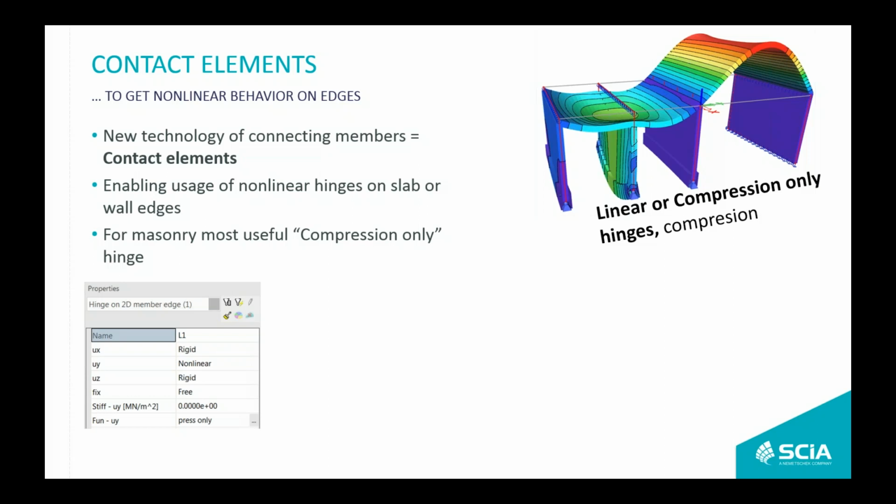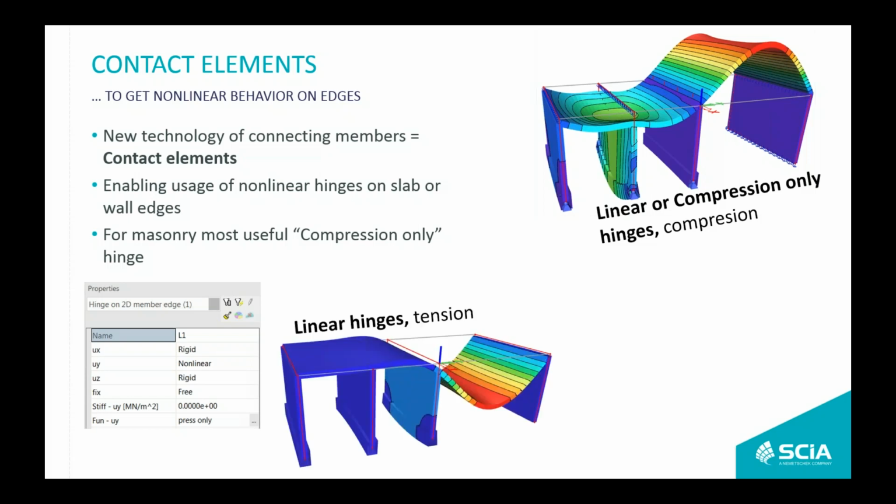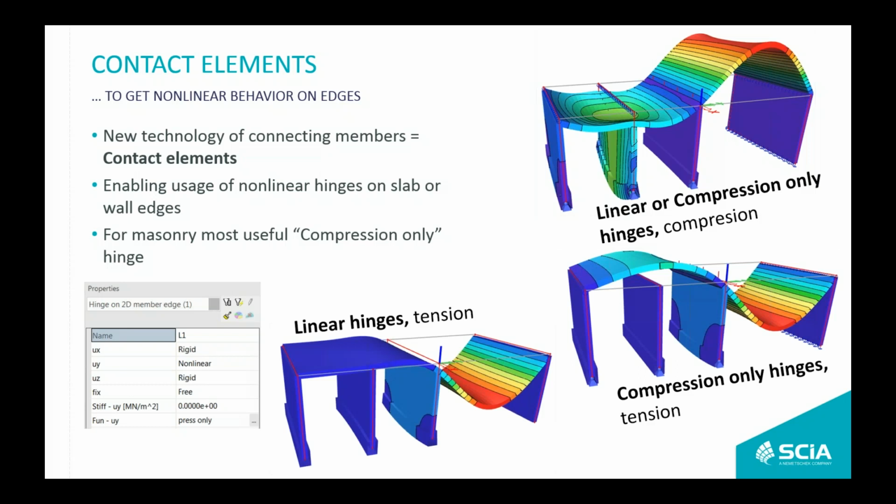When the hinges are in compression, the behavior is the same in linear and nonlinear analysis. If this hinge is in tension, in linear analysis it is connected. In nonlinear analysis there is a clear disconnection between the supporting wall and the slab that is trying to deform upwards.